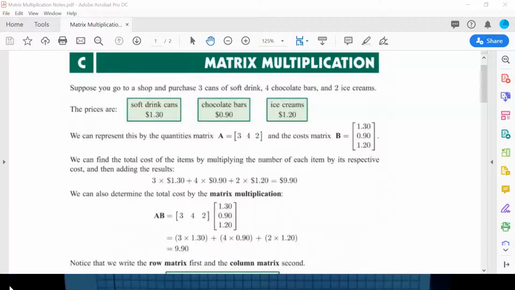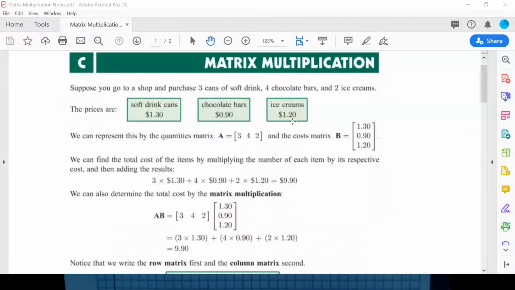So how is this useful? Maybe you want to purchase some items. We're going to purchase 3 cans of soft drink, 4 chocolate bars, and 2 ice creams. So our matrix is 3, 4, 2. That's the quantity of things we're going to buy. And then this second matrix is our cost matrix. The soft drinks are $1.30 each, the chocolate bars are 90 cents each, and the ice creams are $1.20 each.